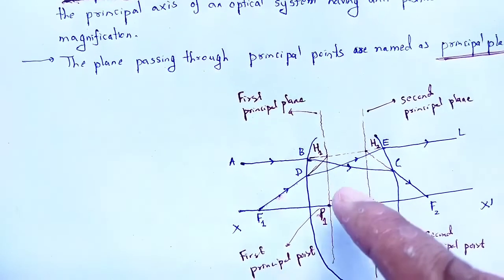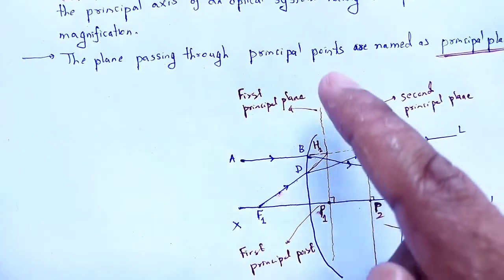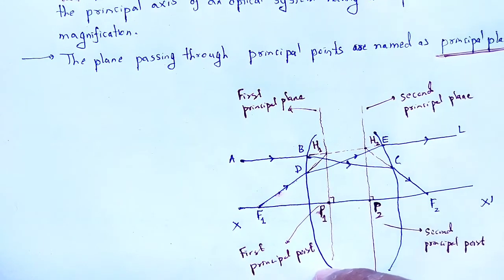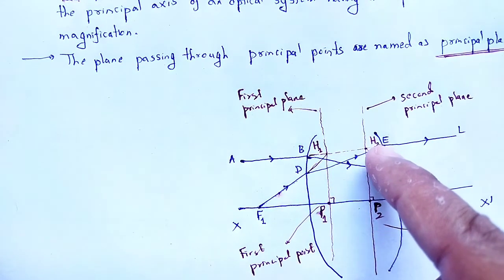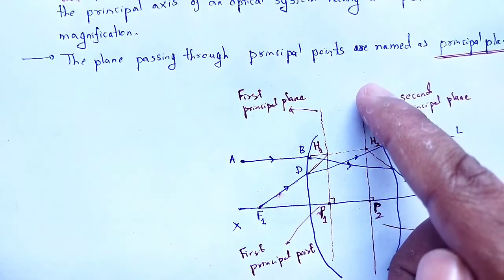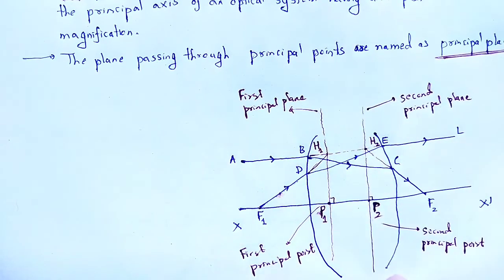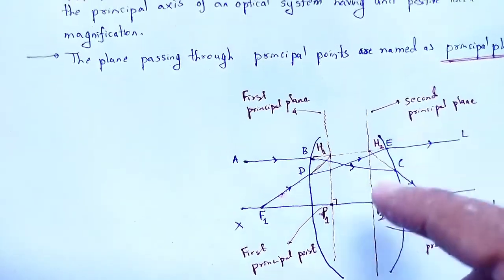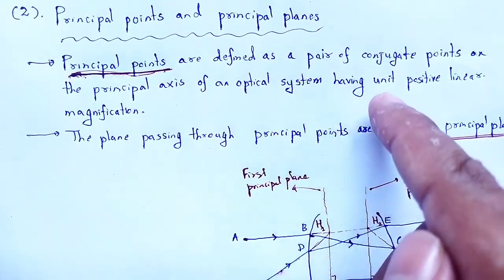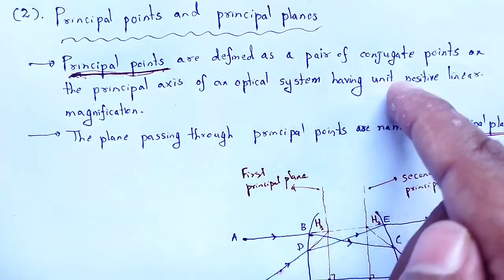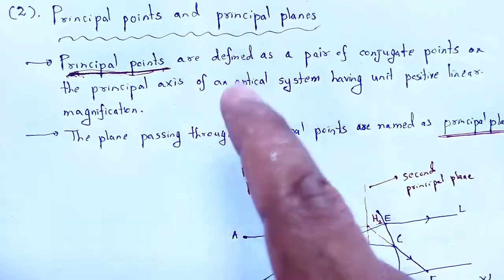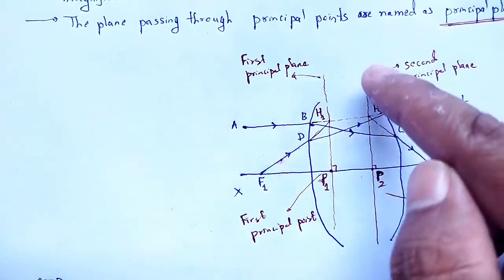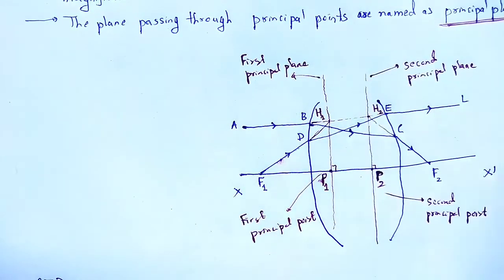Therefore, if an object is placed in the first principal plane, an erect image of the same size would be formed on the second principal plane. Therefore, the linear magnification will be +1. So, according to the definition, for an optical system having unit positive linear magnification, these points are named the principal points.